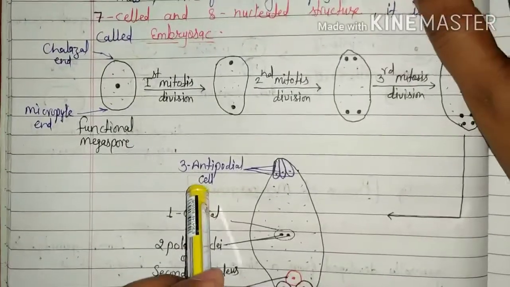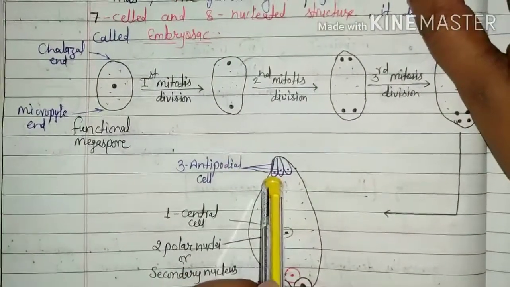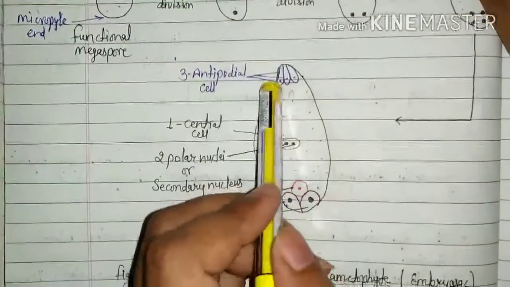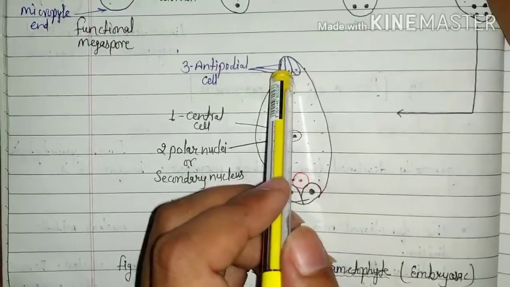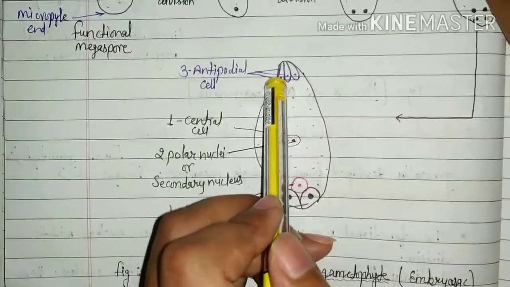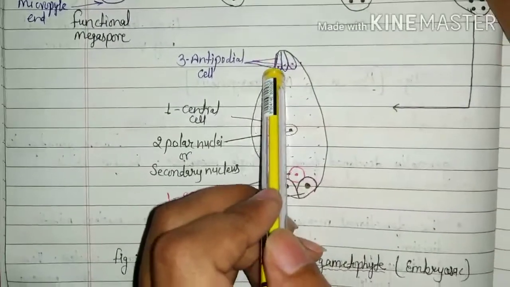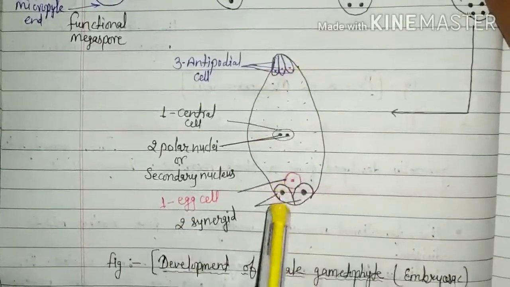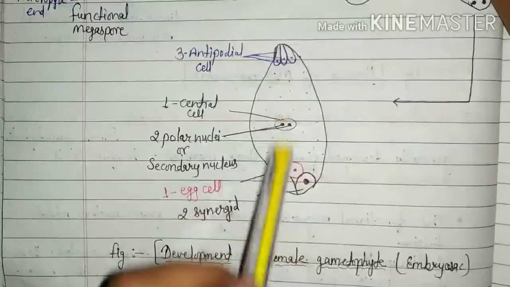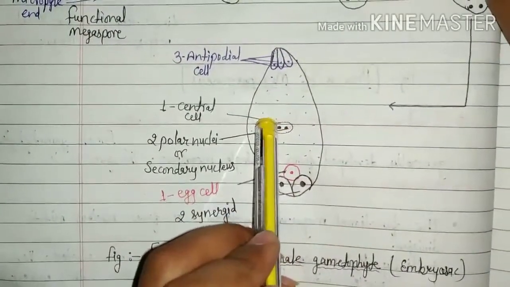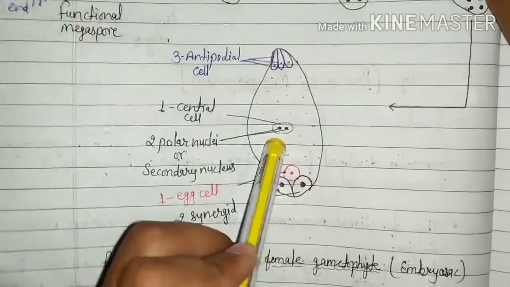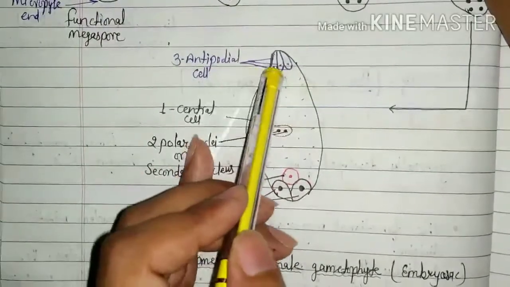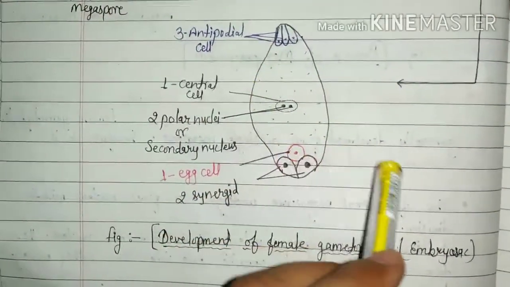Thus, the female gametophyte is formed, and it has 7 cells: 3 at one pole, 3 at the other pole, and 1 in the central region, and 8 nuclei.